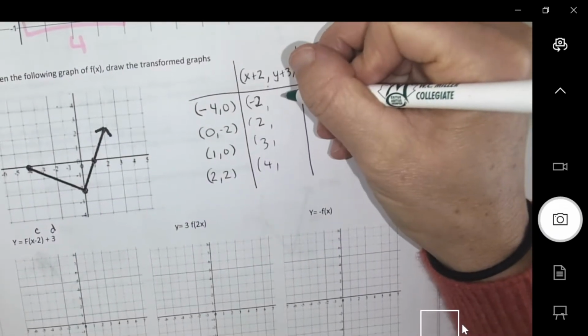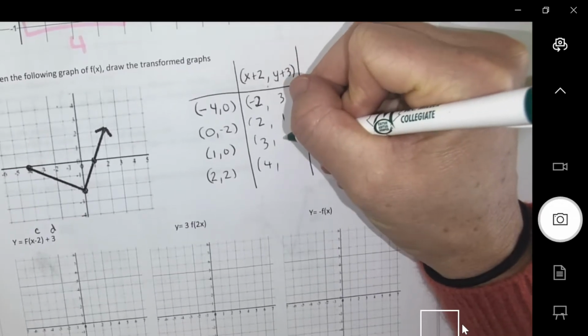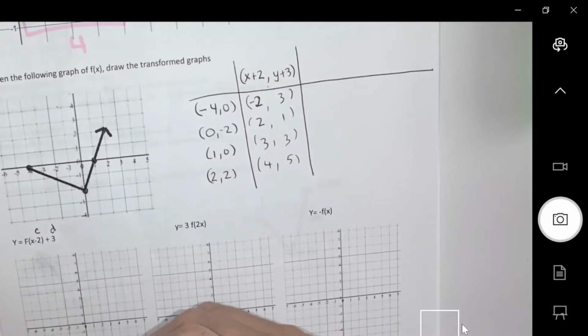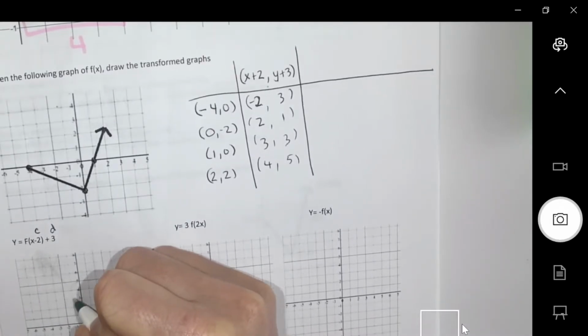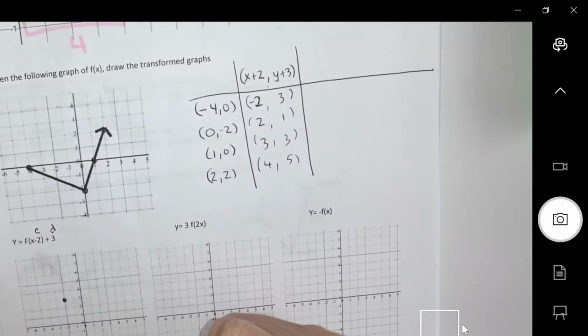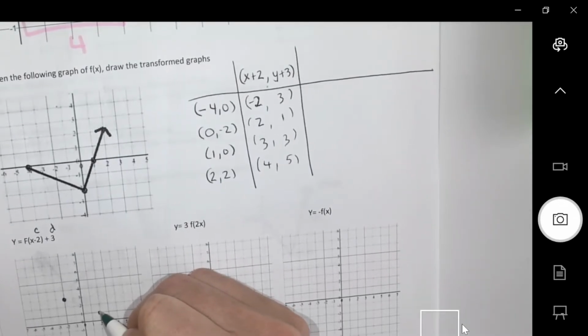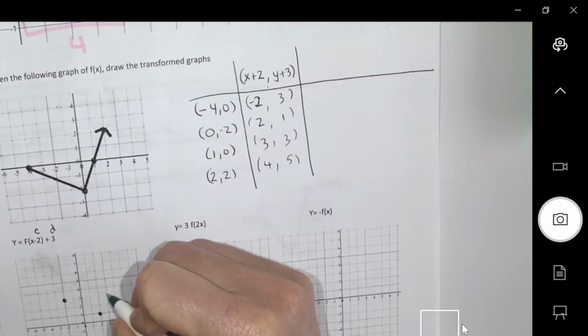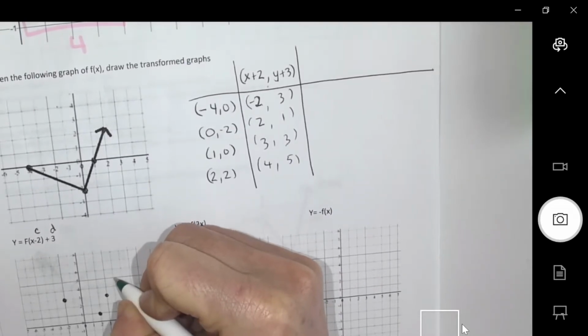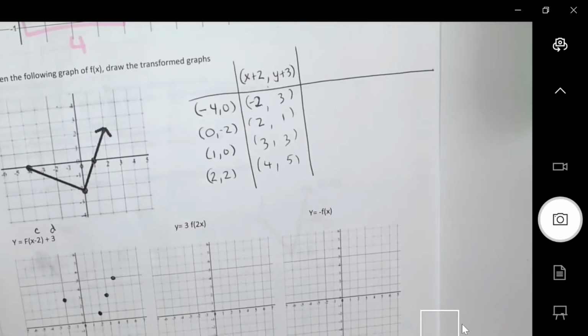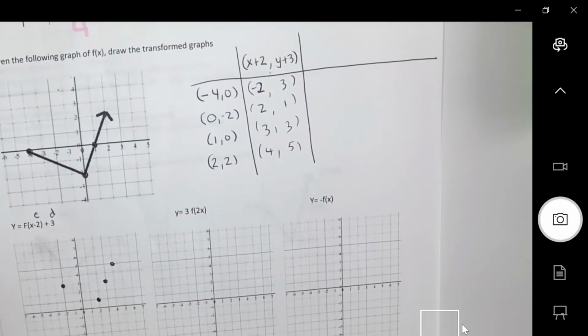And then go through all the y's and add 3. Okay, so those are my 4 new coordinates.